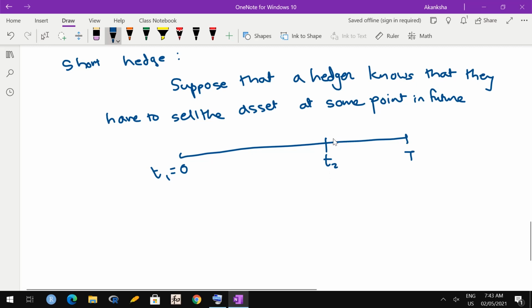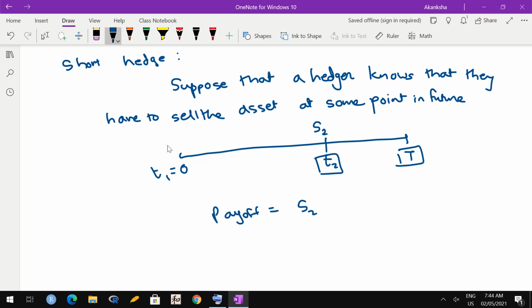So at T2, suddenly the need arises and the person has to sell at whatever the prevailing market rates are. So the payoff received will be S2 from this spot transaction at T2. And at T1 there are two things.